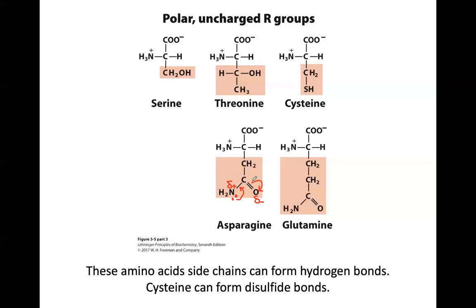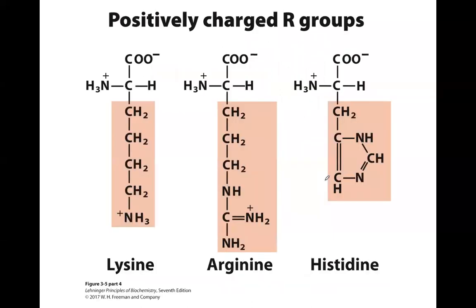So there's quite a bit of dipole moment with the amides. So that's why they're polar, and these side chains can also form hydrogen bonds, right? So there are two hydrogens here. This oxygen has two lone pairs. So there's a lot of hydrogen bonding capability. And finally, oh, I'm sorry.